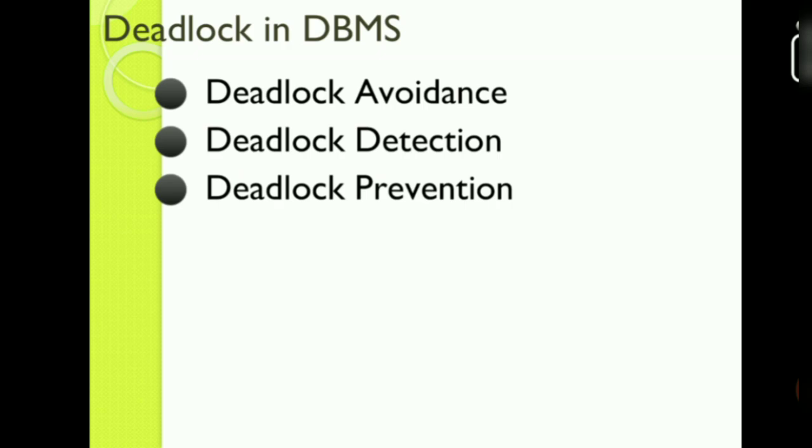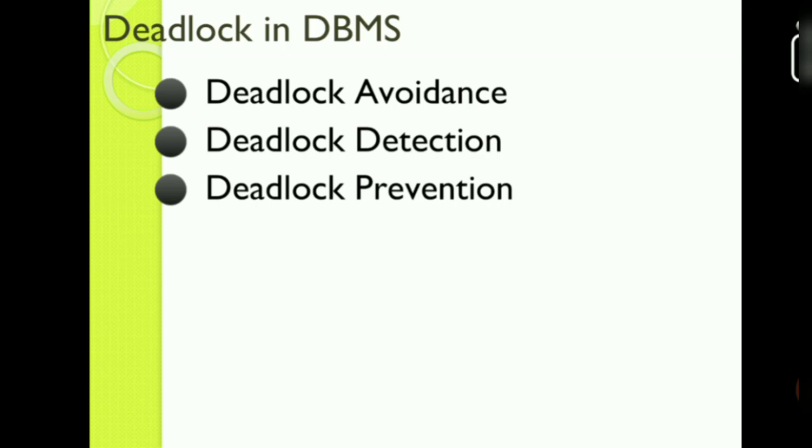Next one is deadlock detection. In a database, when a transaction waits indefinitely, the DBMS should detect whether the transaction is involved in a deadlock or not. So it should maintain a wait-for graph to detect the deadlock cycle.